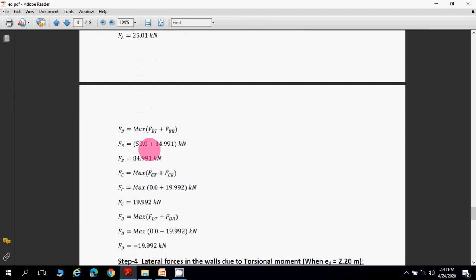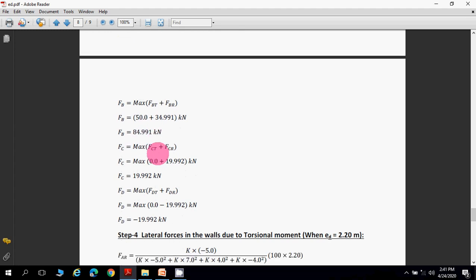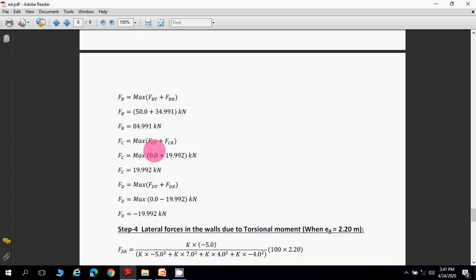Similarly, in wall B, the value is 84.99 kN. In wall C, 19.992 kN. Here the FCT value is 0 because wall C is situated in the x direction, so the force due to translation in wall C will be 0 because we are considering the seismic force in the y direction. So this value will not contribute any force, because both walls are situated in the x direction.